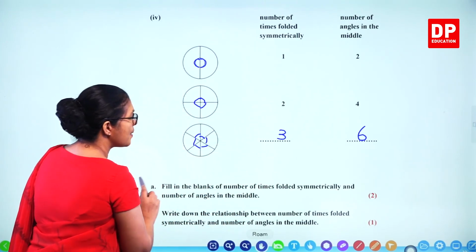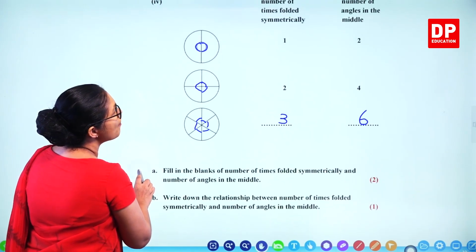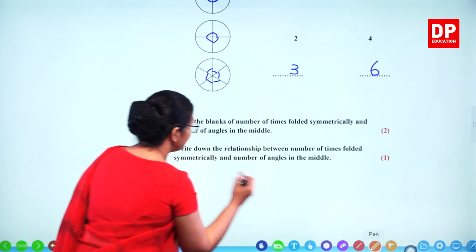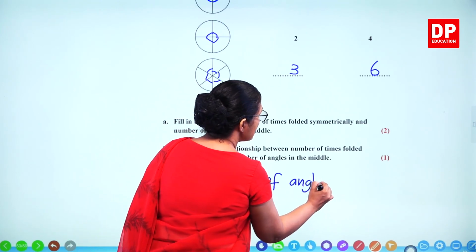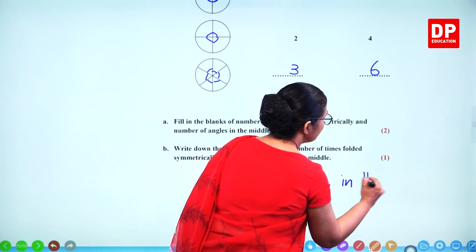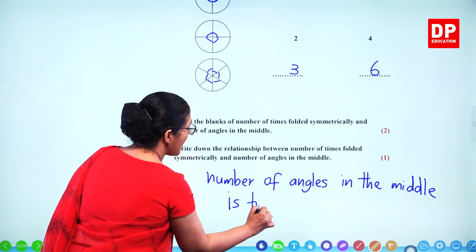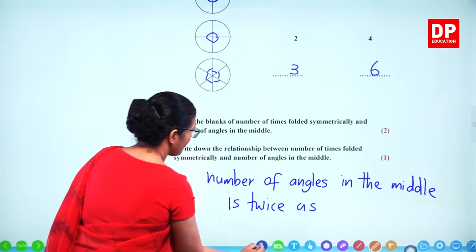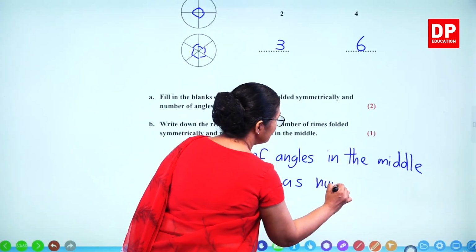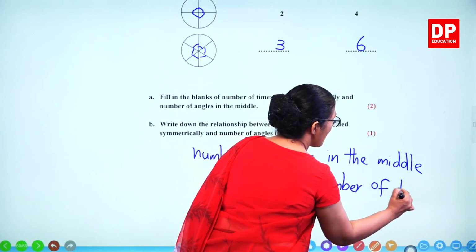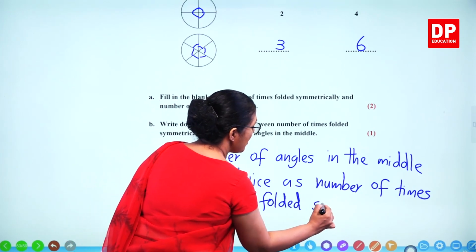So you can write: number of angles in the middle is twice as number of times folded symmetrically.